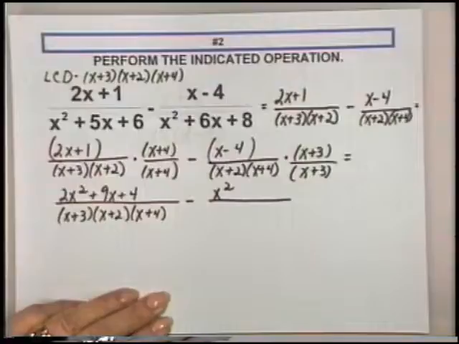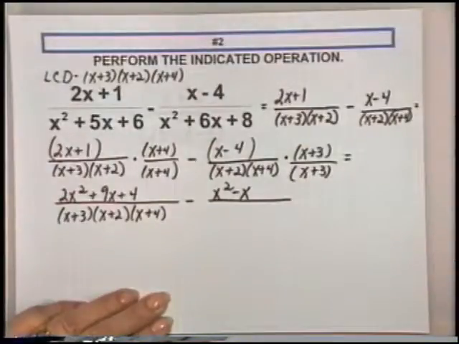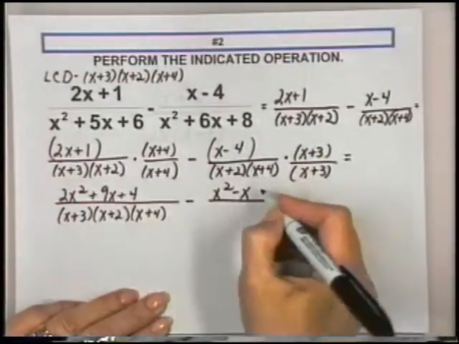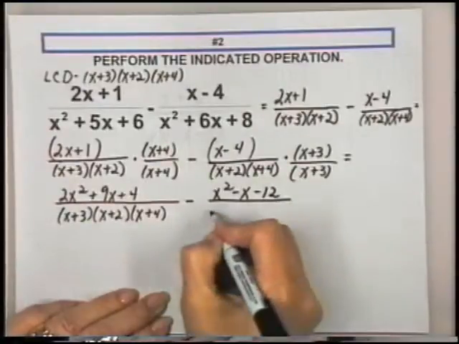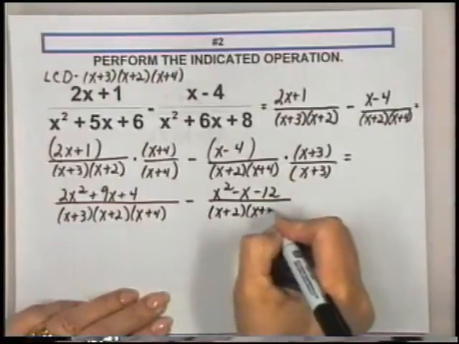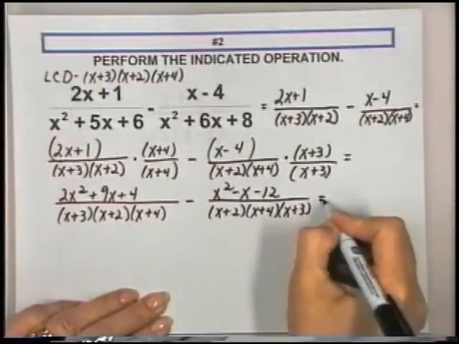For my inner term, minus 4 times x will give me minus 4x. 3x subtract 4x will give me a minus x for the middle term. For my last term, negative 4 times 3 will give me negative 12. Write the denominator in factored form.